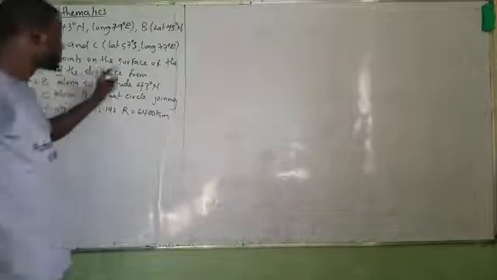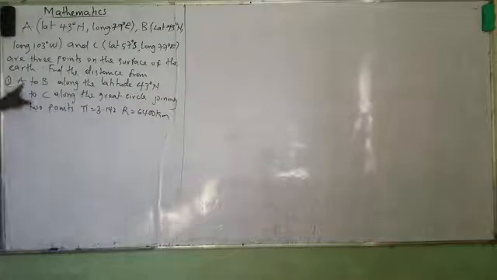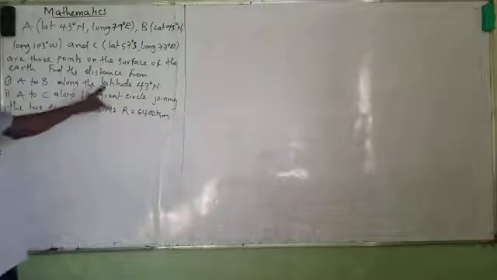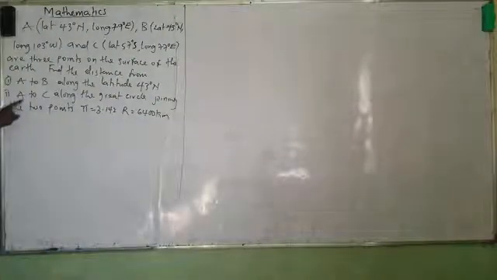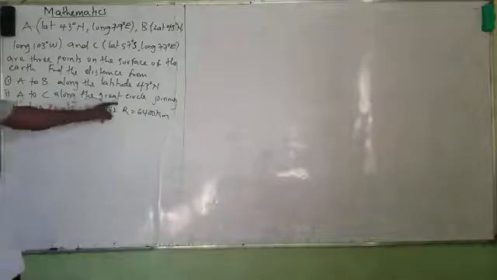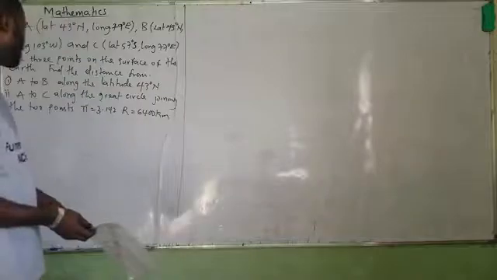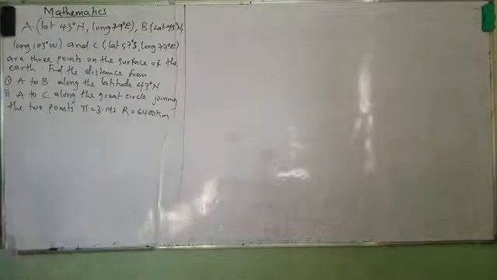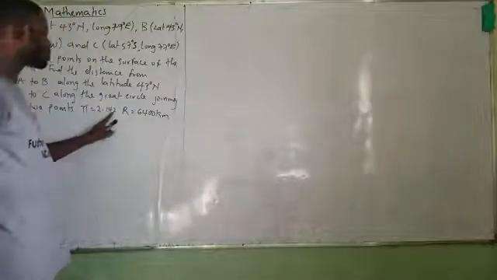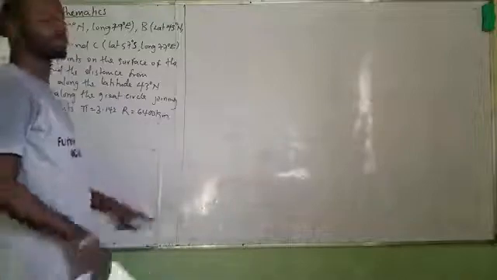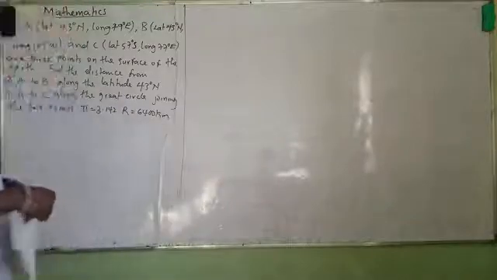Find the distance from A to B along the latitude 43 degrees north, and A to C along the great circle joining the 2 points, taking pi equals 3.142, and R equals this.